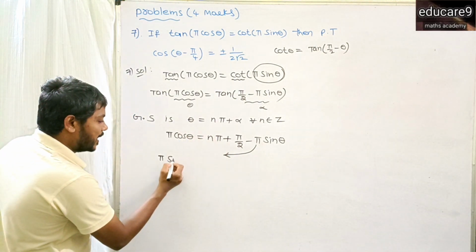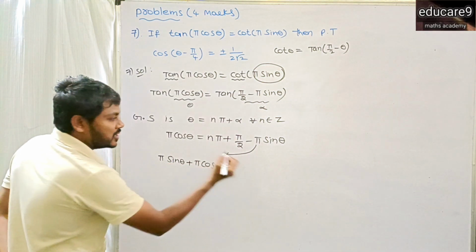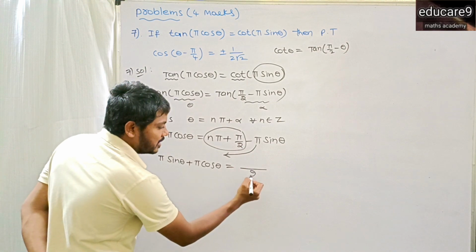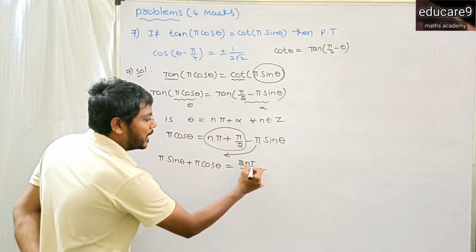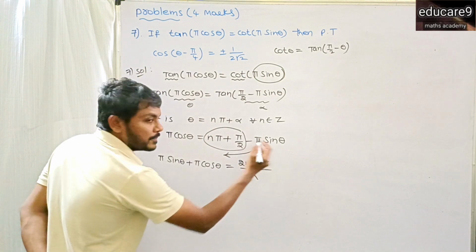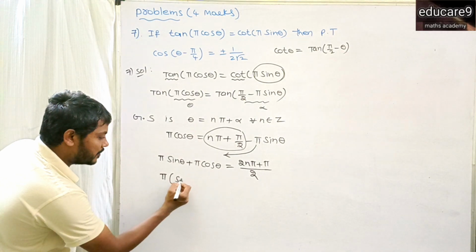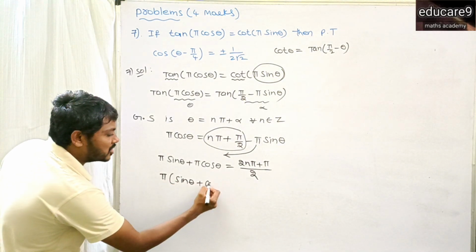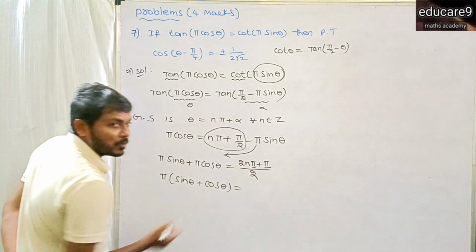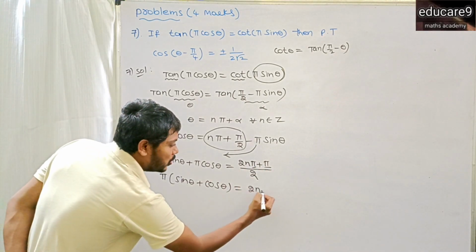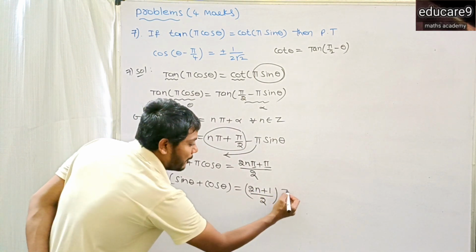That is pi sin theta plus pi cos theta, which is equal to, clearly, what is the LCM? 2, cross multiplication, 2 into n pi, 2n pi plus pi. In both terms pi is common, so pi times sin theta plus cos theta is equal to, again in both terms pi is common, that is 2n plus 1 by 2 into pi.